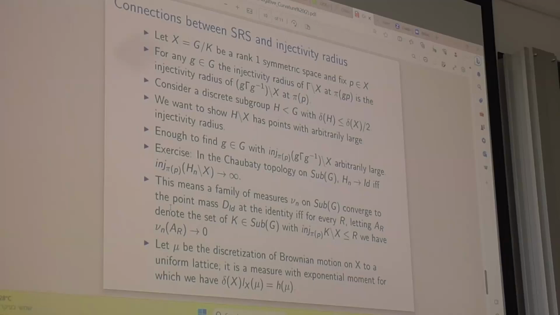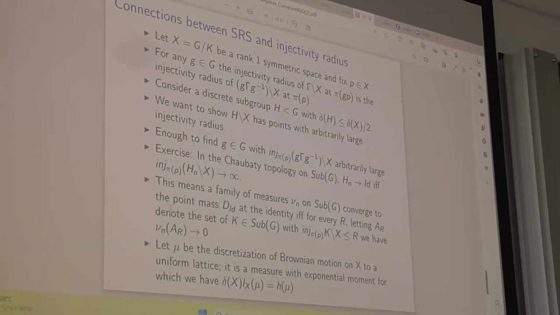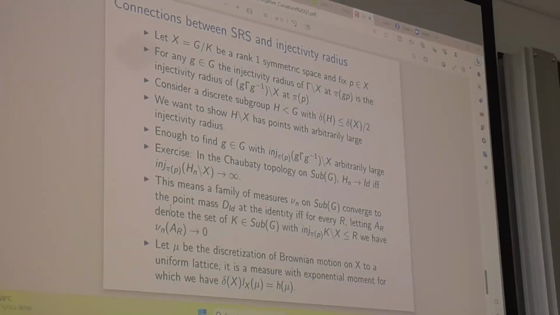Okay, so first, suppose you have a symmetric space. Suppose you have a symmetric space and fix a point P in the symmetric space.